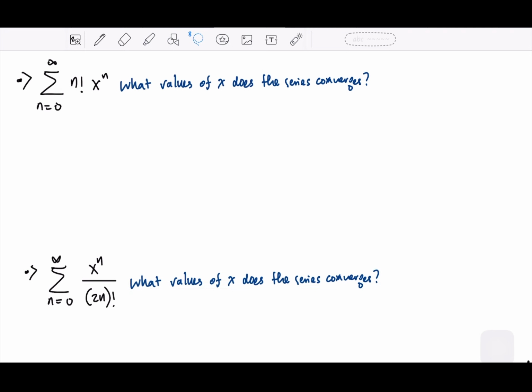Okay, two series, same questions. What values of x does the series converge? And again, we start by taking the ratio test, and then see where the x values converge.